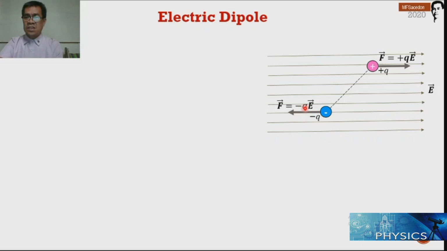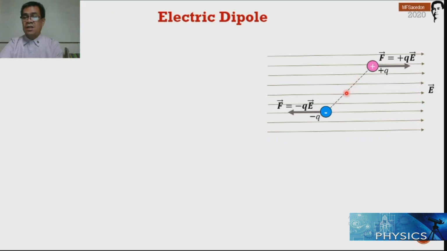Now take note that this negative charge has the same magnitude as the positive charge, which means that the force on the positively charged and the force on the negatively charged are the same, but in opposite direction. Which means that if we sum up the two forces, the result must be 0. In other words, for every electric dipole, the net electric force is 0.